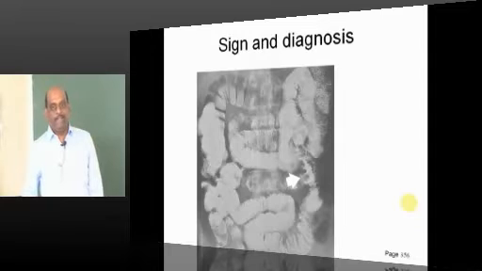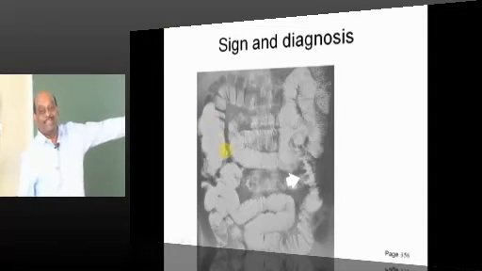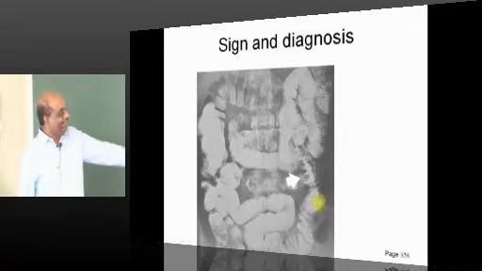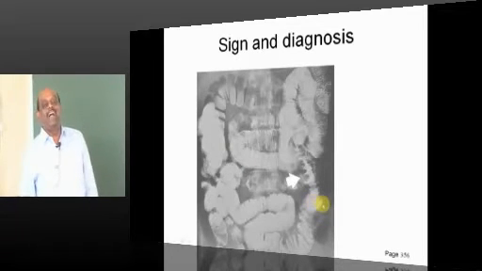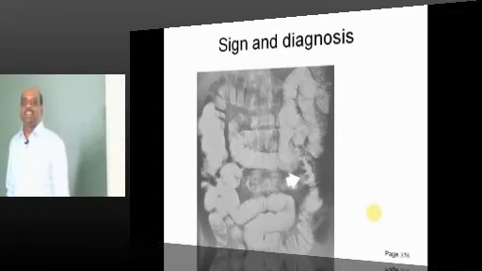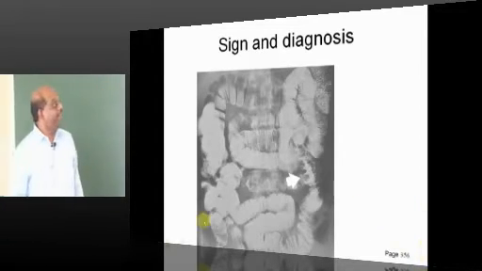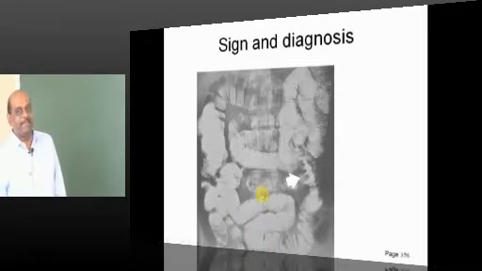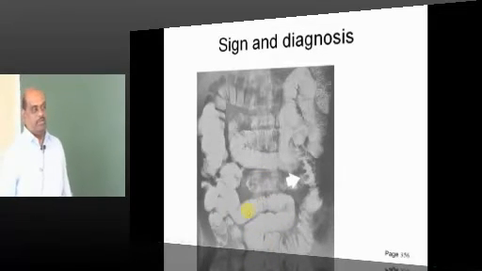Rose thorn appearance on a barium study. So, rose thorn appearance, quickly tell me, doctor, is typically seen in which condition? Don't leave your answer unattended. Diverticulosis? Oh, there you will have pouches, you don't have thorns.